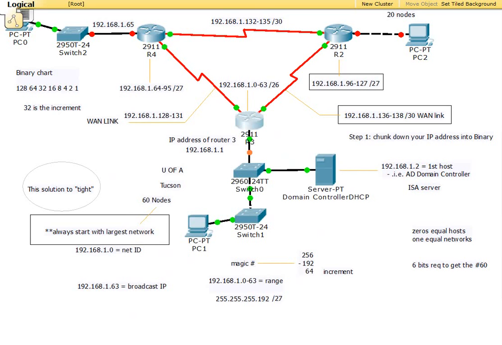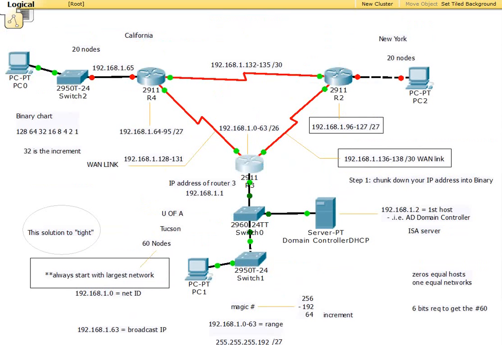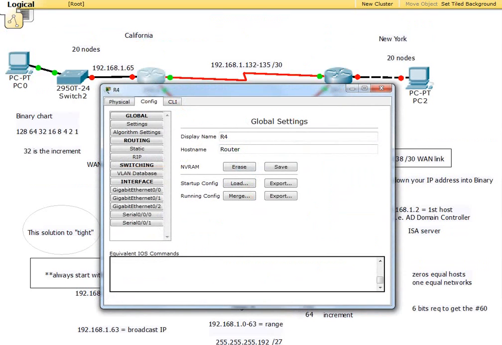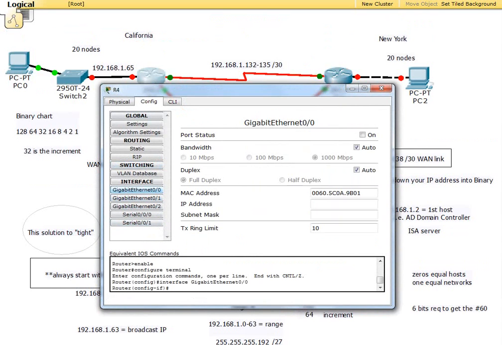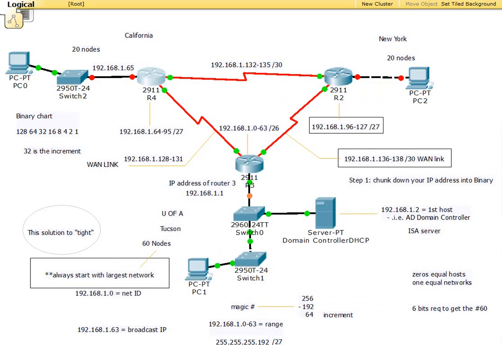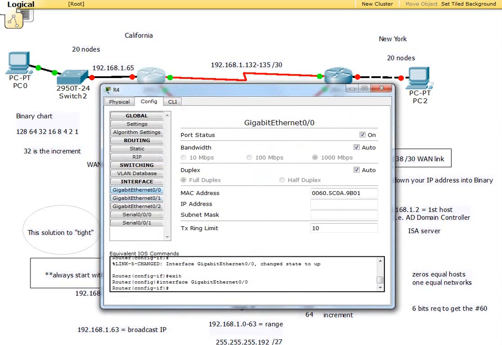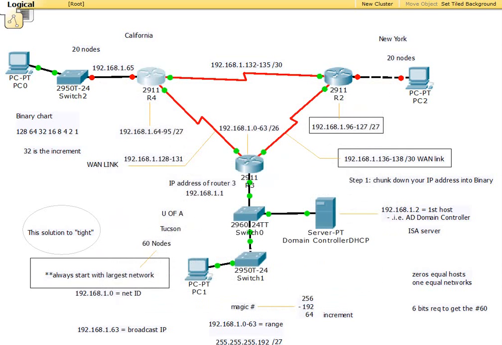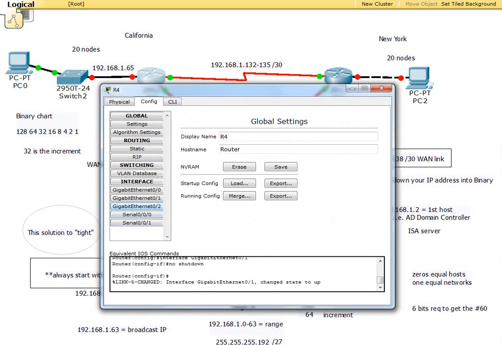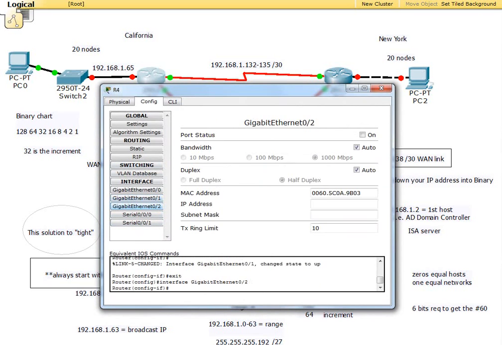I have problems on this network. Also, I have a problem here. What's going on here? I'll turn this link on, see what happens. I should be competent in doing this in the Cisco IOS, which I am not. But I need to practice. Okay, that did not work. Let me turn on this interface. That did not work. How about this interface?